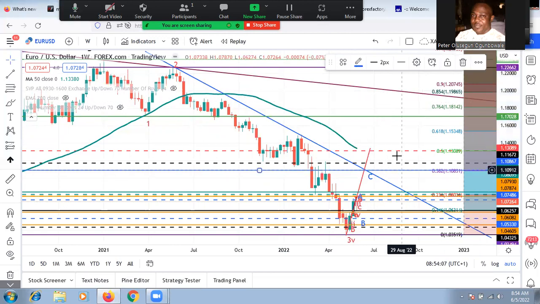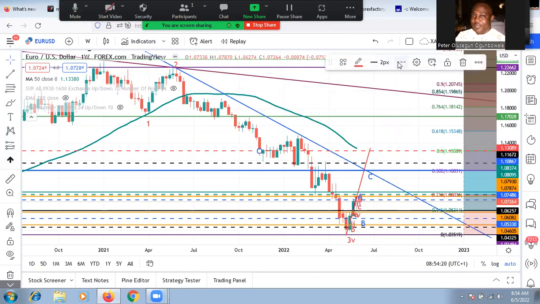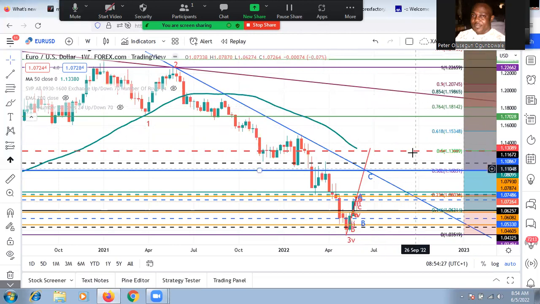This is where we expect that 38.2 is where we expect 4 to stall, or 4 should not go beyond here. Okay, shouldn't go beyond here. So between here and here.